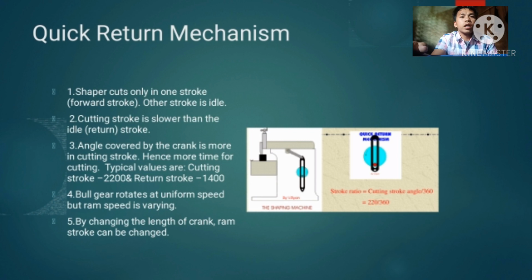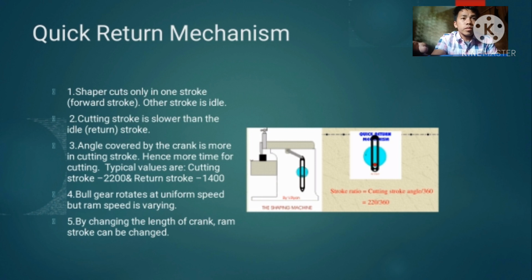Typical values are 220 degrees for cutting stroke and 140 degrees for return stroke. Bull gear rotates at uniform speed, but ram speed is varying. By changing the length of crank, ram stroke can be changed.